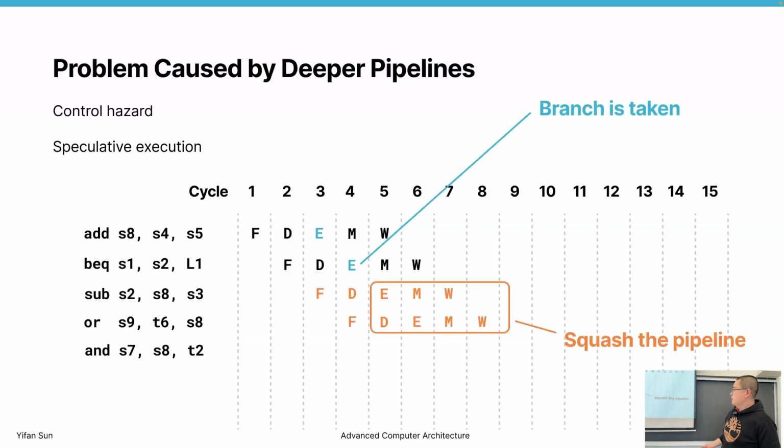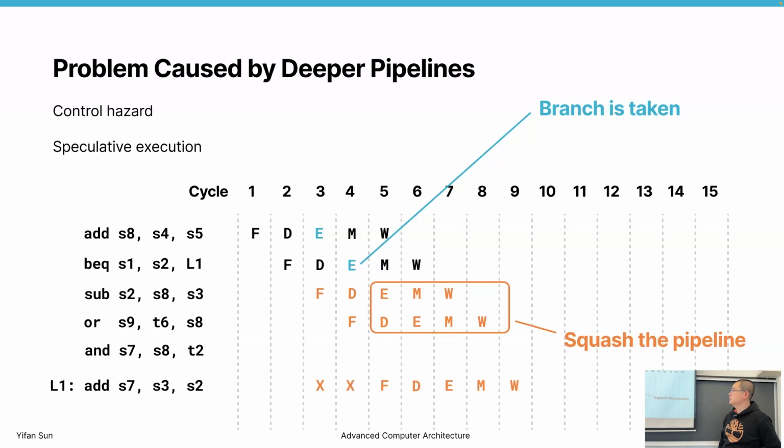Okay, but here, I think the most important thing to learn is that we squash the pipeline and we kind of roll back if we make the wrong guess. Now we roll back, and in this case, we already know the branch is taken. Now we'll go back to label L1 and we start to do fetch again.